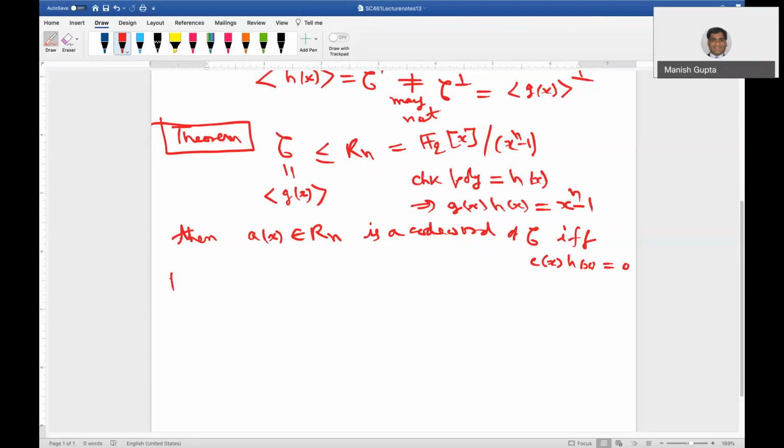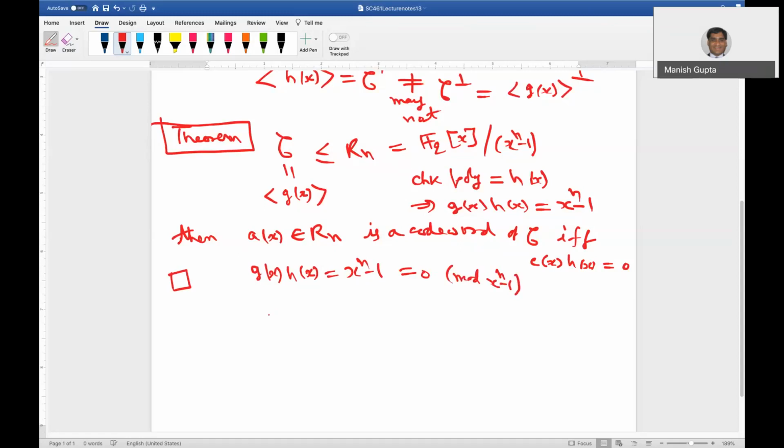So first we assume that c(x) is a code word. We know that g(x) into h(x) is equal to x raised to power n minus 1, which is 0 mod x raised to power n minus 1, right?